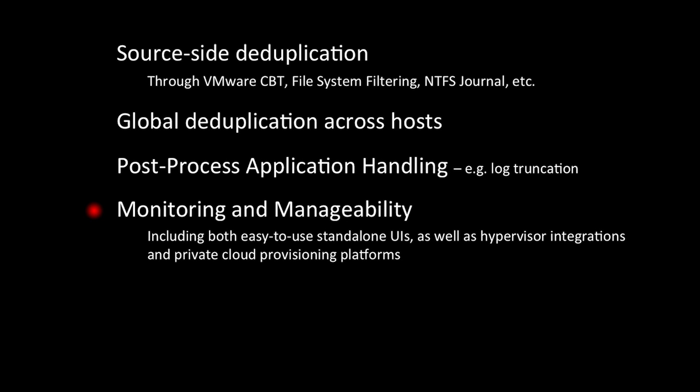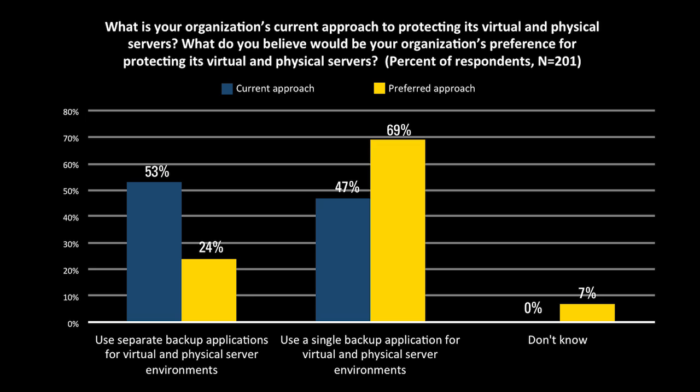Now, when we talk about backup solutions, there's certainly a large set of folks out there. In fact, using the blue bars, we see it's about a 53-47, so almost a half and half split between people that are using a separate solution for protecting their virtual environment versus those that are using a unified solution for protecting virtual and physical servers. But take a look at the yellow boxes. We see a huge uptick moving back towards the idea of using unified solutions.